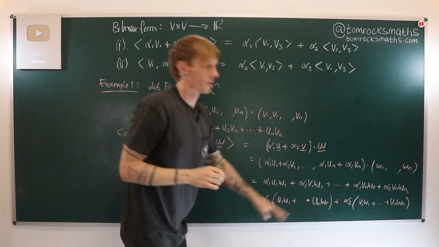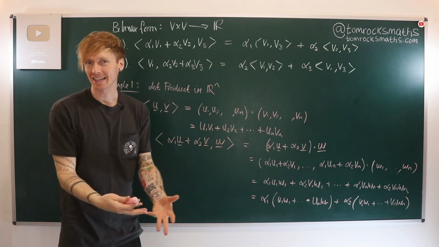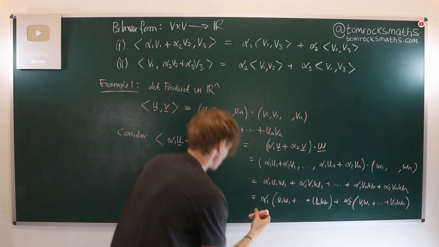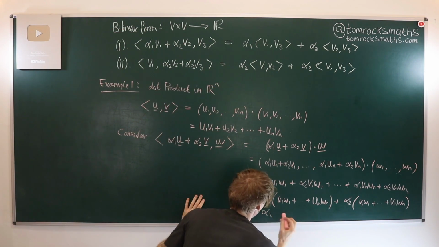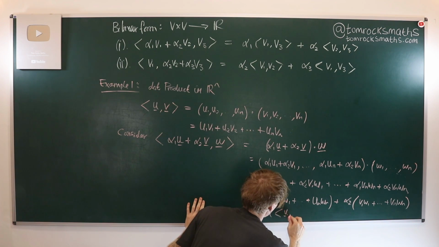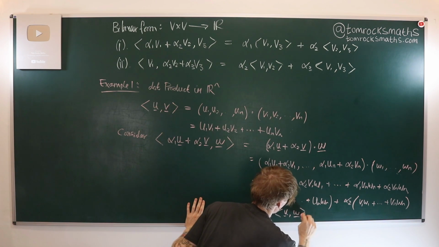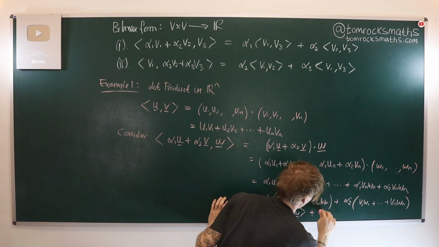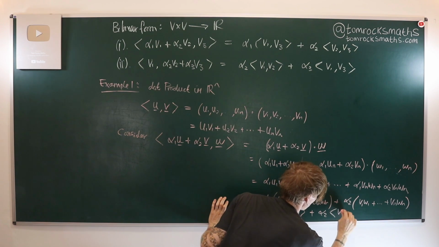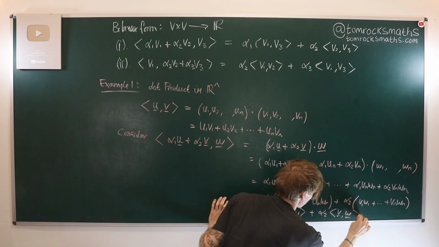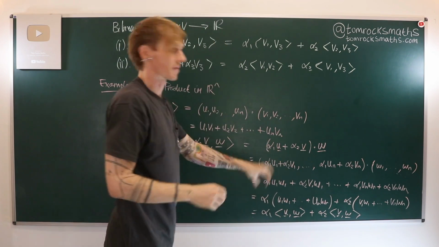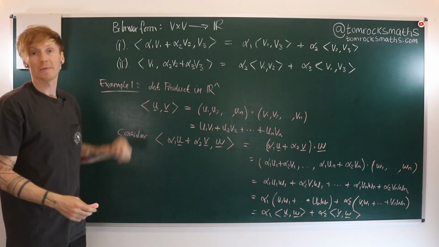But what do we have in those brackets? It's exactly the dot product, those individual pieces. So this is alpha 1 u with w plus alpha 2 v with w, where again the inner product is defined via the dot product.